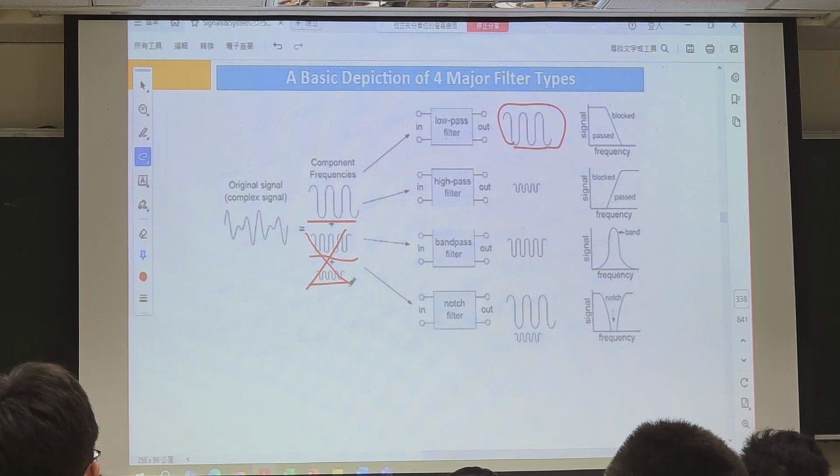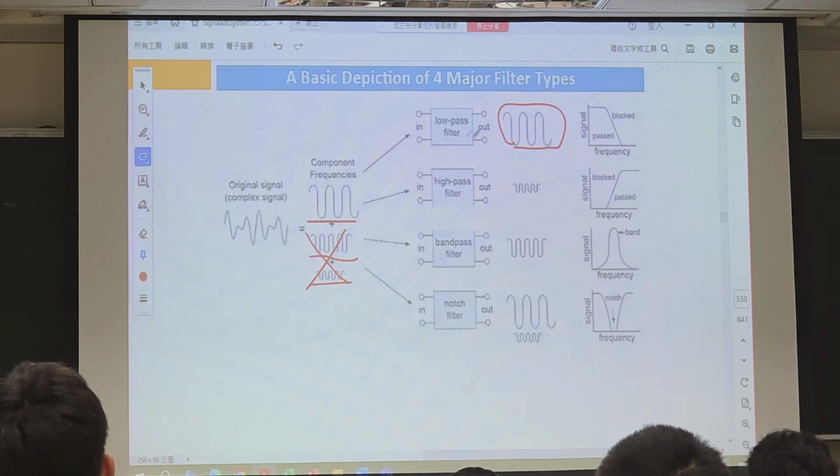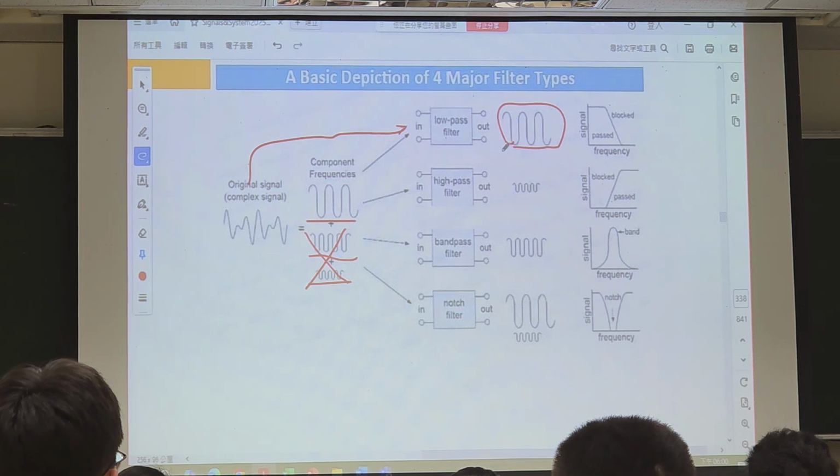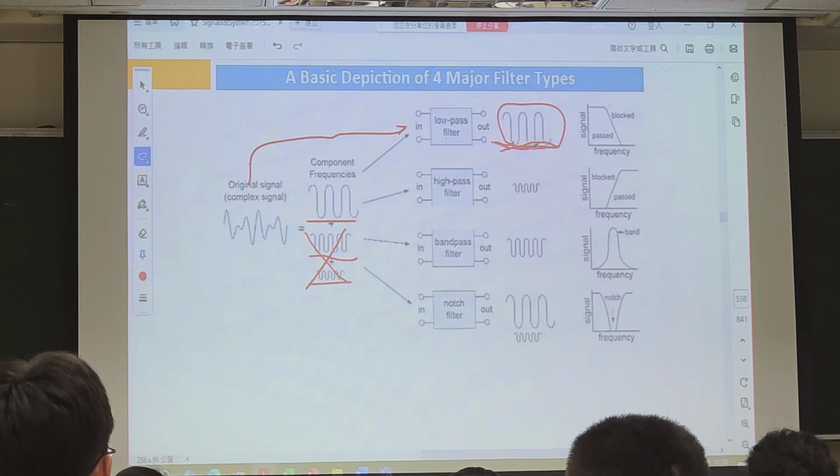then I'm going to use a low pass filter. When I let this signal go through this low pass filter, only the low frequency component will go through.